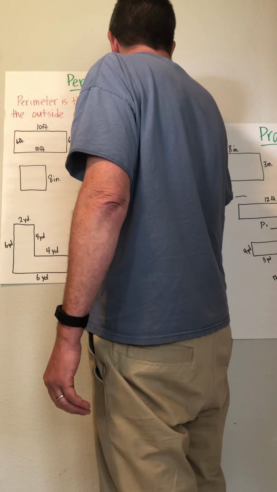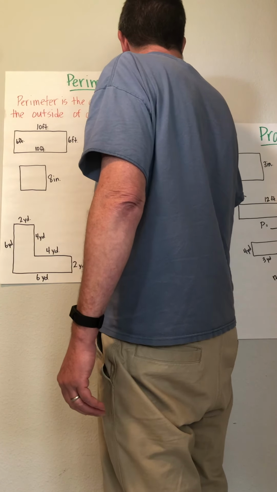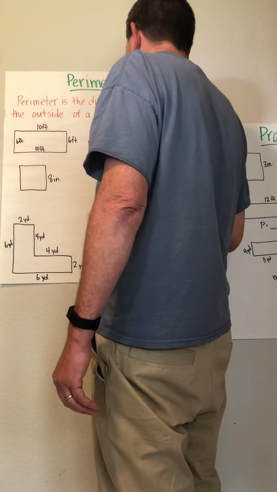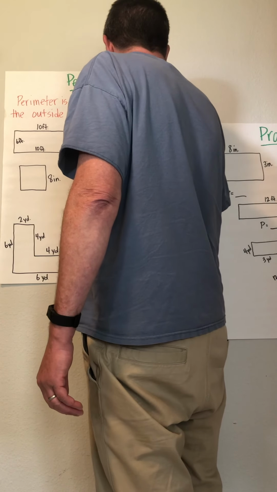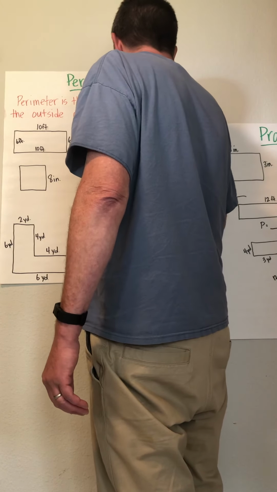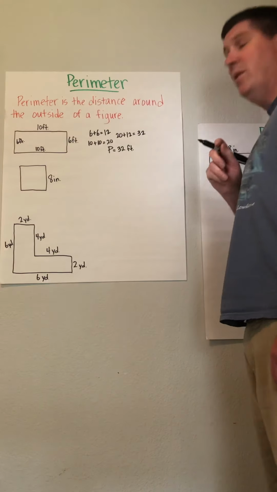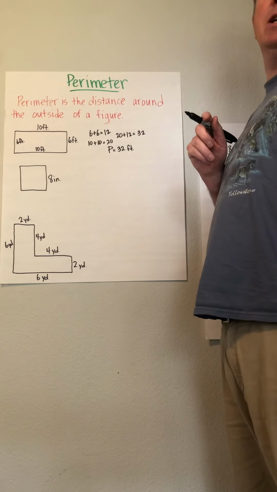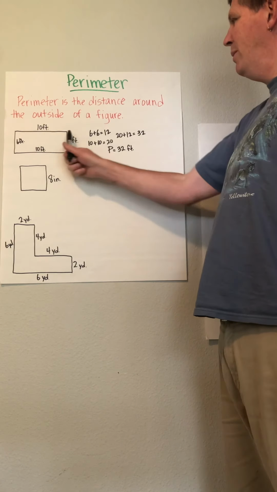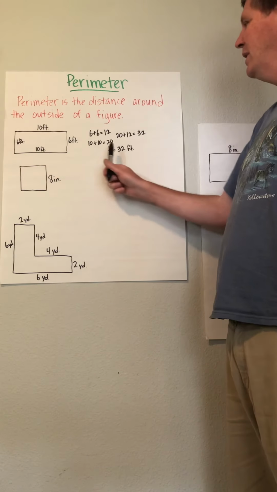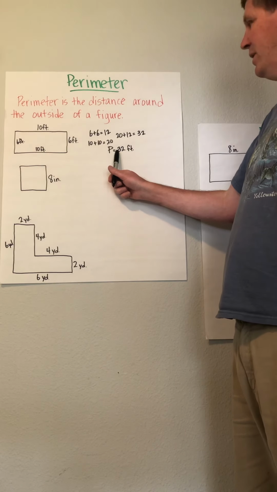And 20 plus 12 equals 32. So the perimeter equals 32 feet. Now we can abbreviate feet FT period. So the perimeter of this rectangle is 32 feet.